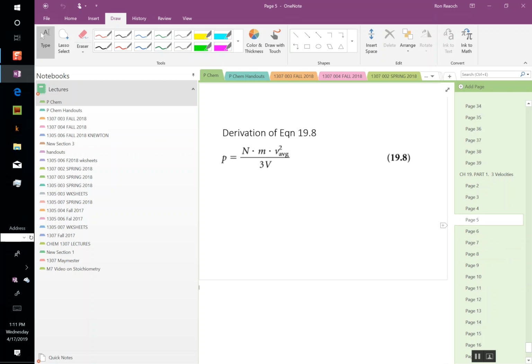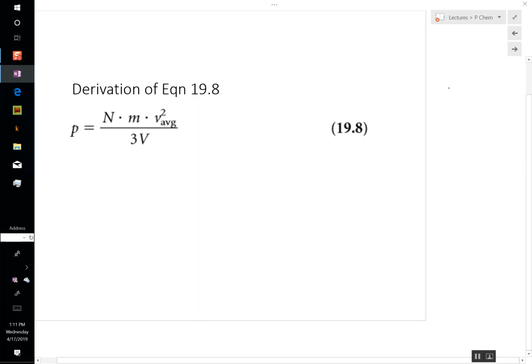All right, let's look at this equation. We'll get down to it. It'll show up, hopefully. We want to derive this, and we have pressure, volume, Avogadro's number, basically the mass of an individual gas particle, and then this v squared average.